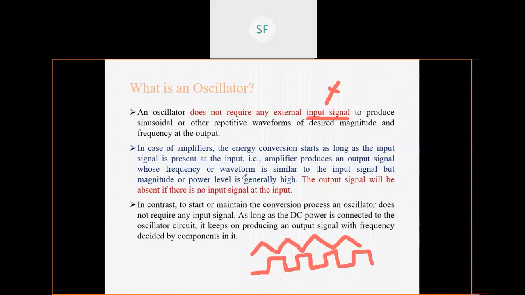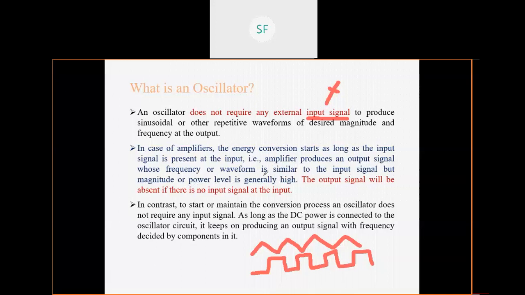Then point number 2 is talking about amplifiers. In case of amplifiers, the energy conversion starts as long as an input signal is present at the input. That is, an amplifier produces an output signal whose frequency or waveform is similar to the input signal, but the magnitude or power level is generally high.